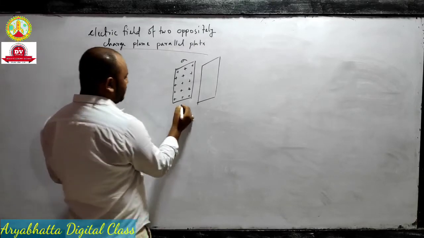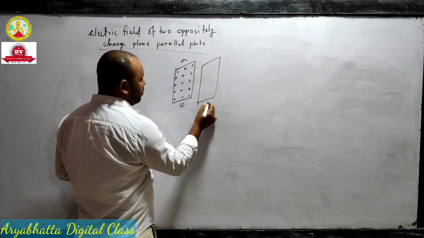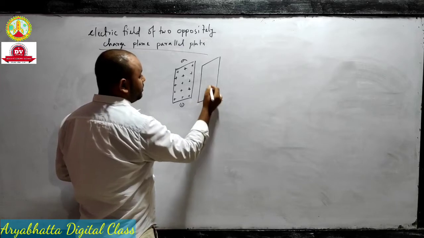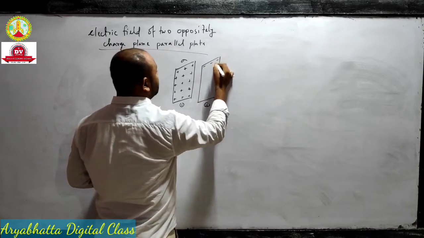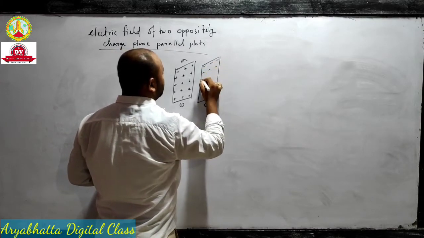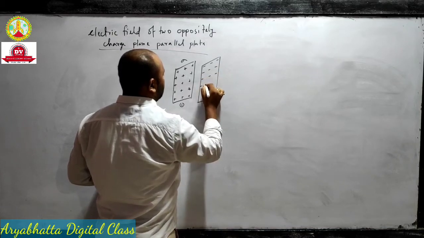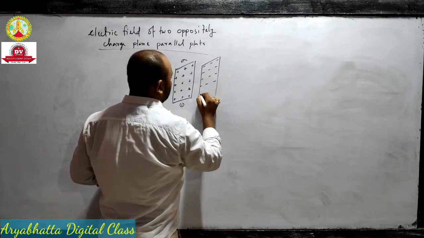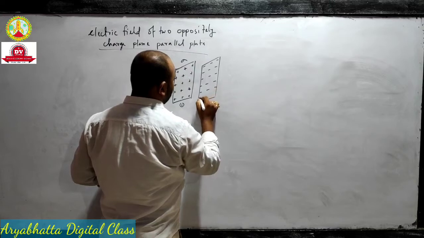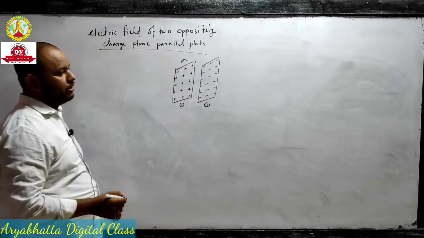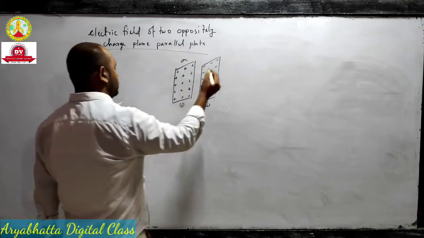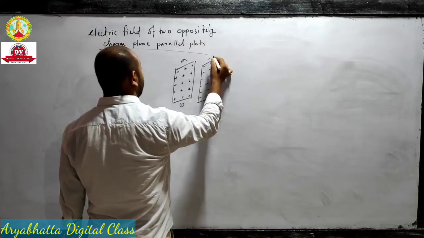This is plate number 1 and this is plate number 2. On the second plate the negative charges are uniformly distributed like this, so the surface charge density is minus sigma.